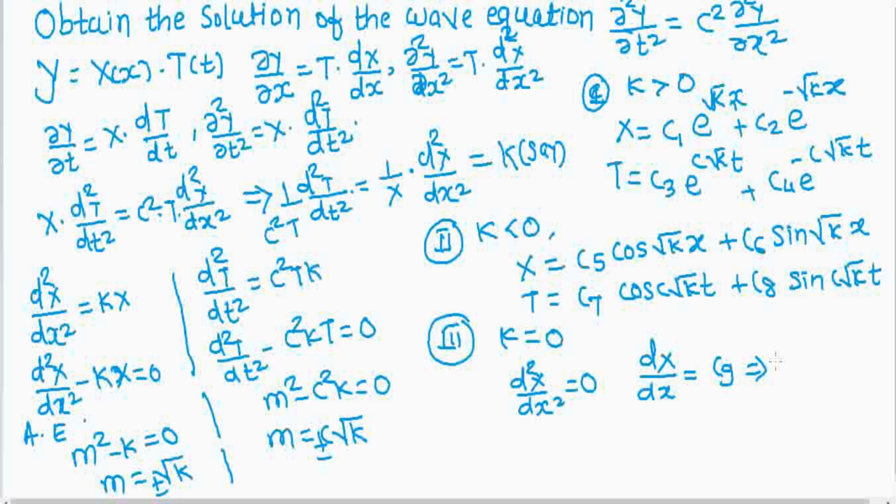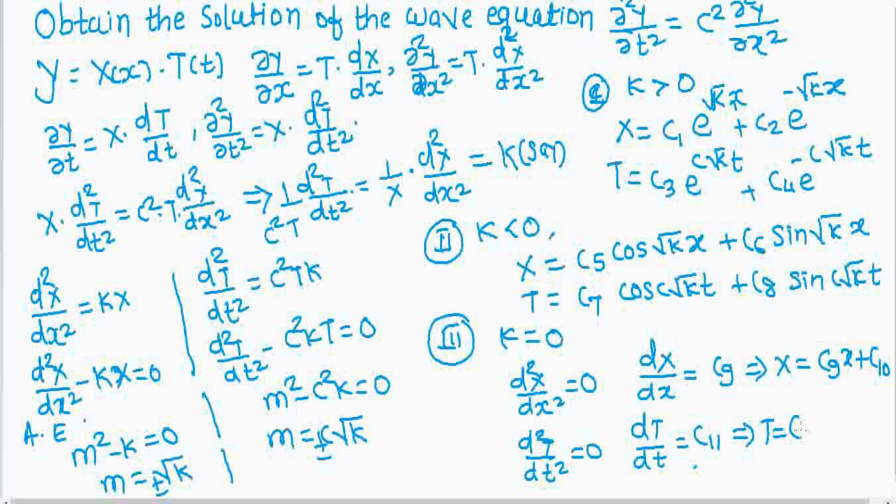Again integration gives us X equal to c9 x plus integrating constant c10. Similarly, d2T by dt square equal to 0 gives us dT divided by dt equal to c11, and capital T, again integration gives us c11 t plus c12. So these are the three different kinds of solutions we get depending on the constant.